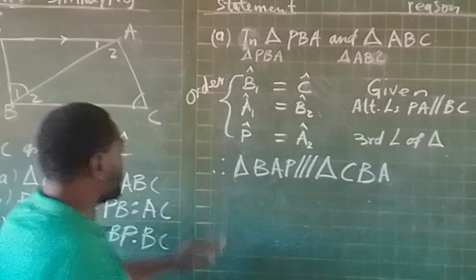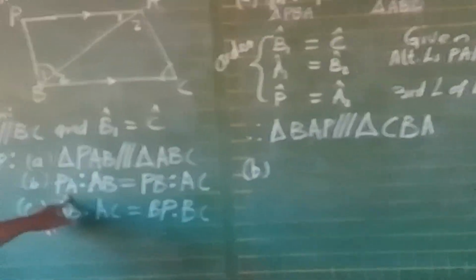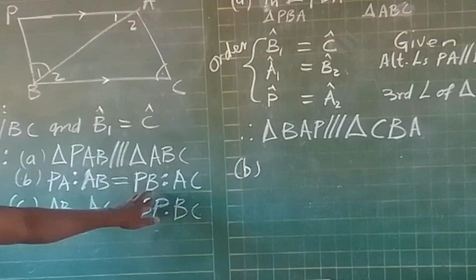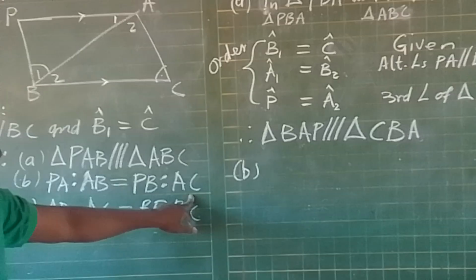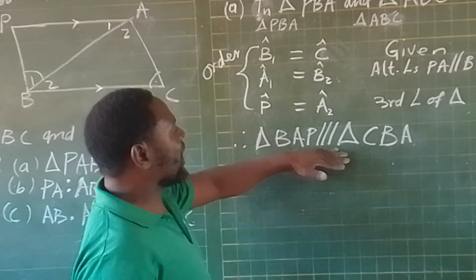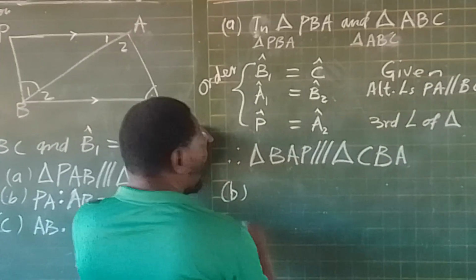So you go for number B. Number B says what? PA semicolon AB is equal to PB semicolon AC. You now come to take this. If they are similar, therefore they are in proportion.